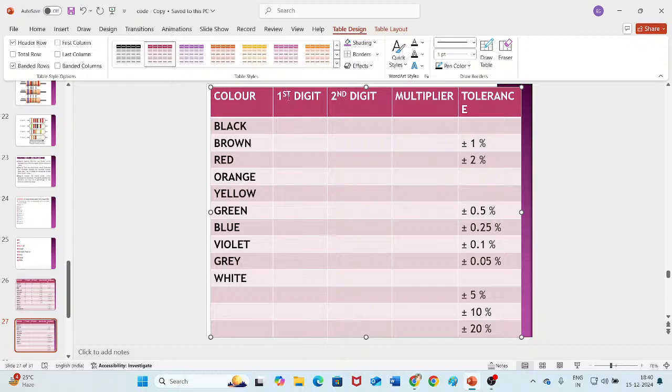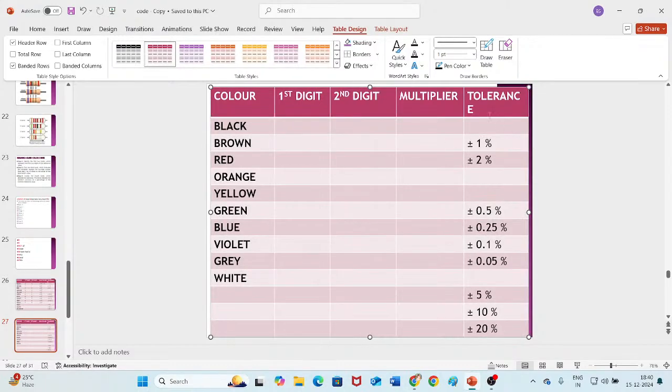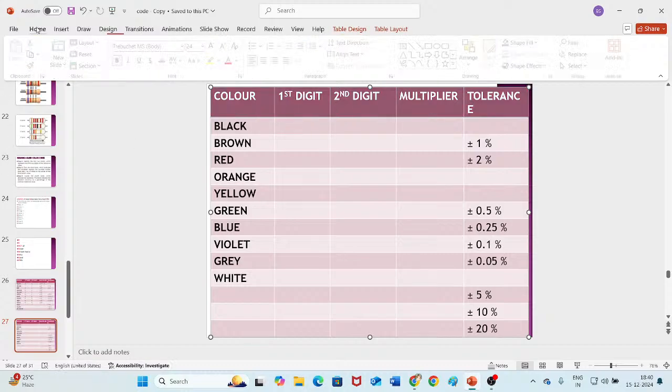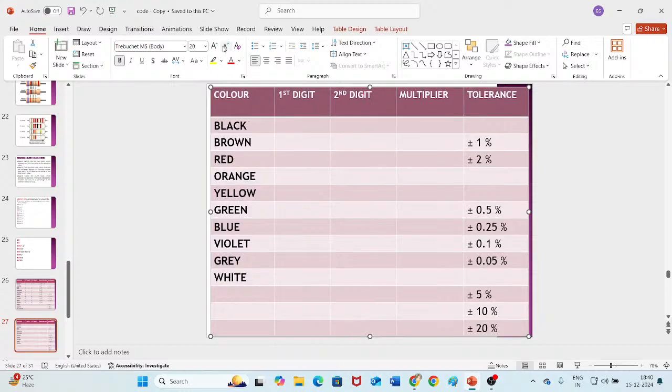I am writing for a 4 band color coded resistor. So 4 bands means digit 1, digit 2, multiplier, tolerance. Band A, band B, band C, band D.